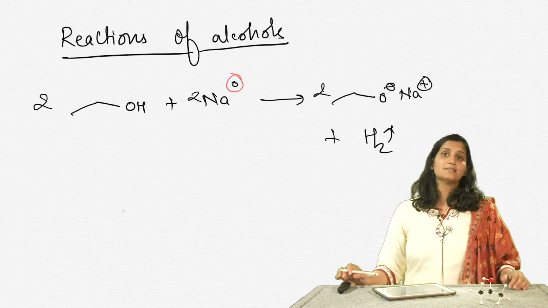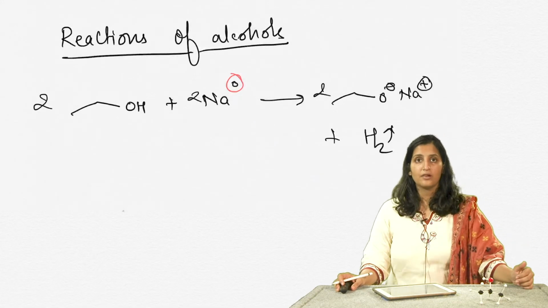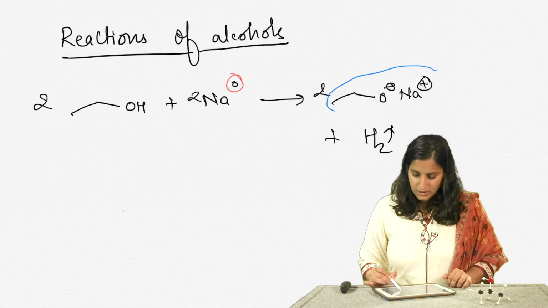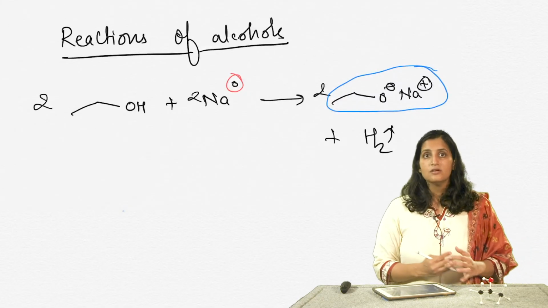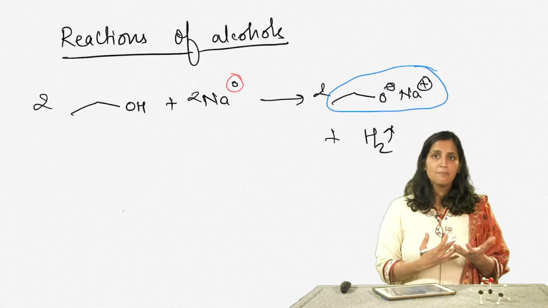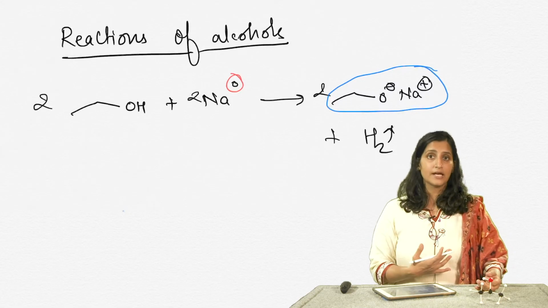And this hydrogen gas, as I said, can be tested to confirm the presence of an alcohol. If you really think about it, the alkoxide that is formed is kind of useful in many other chemical reactions. So, alkoxide ions are nearly the same or even stronger bases than hydroxide ions.